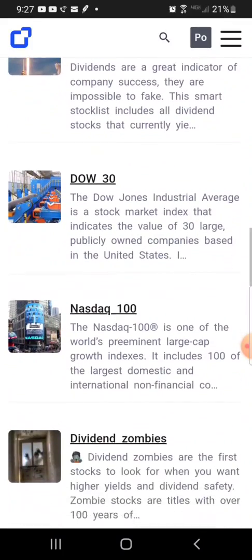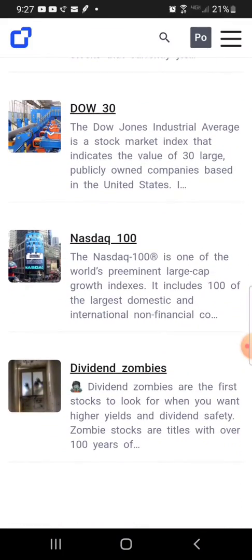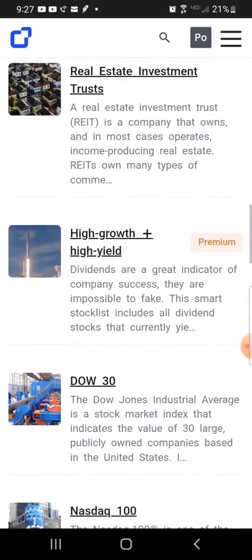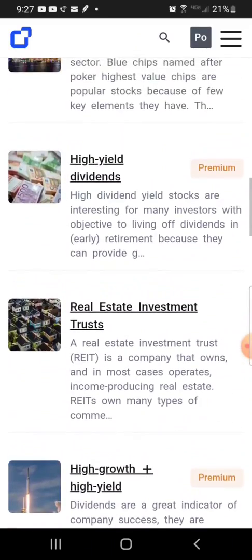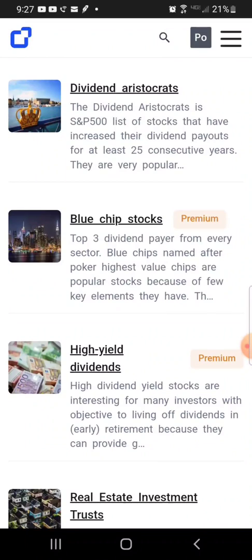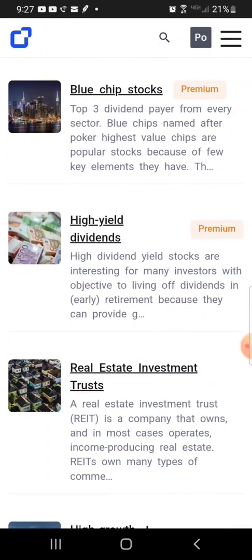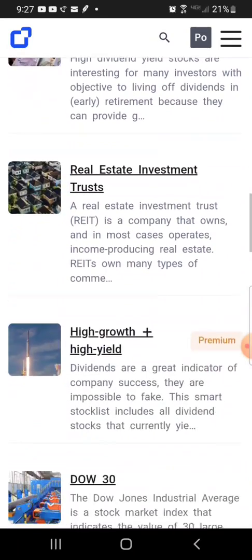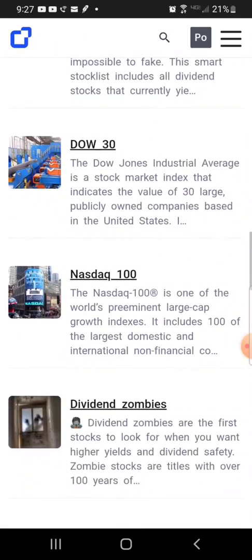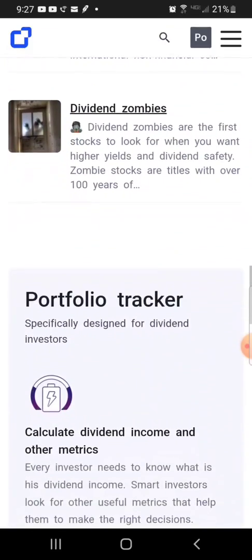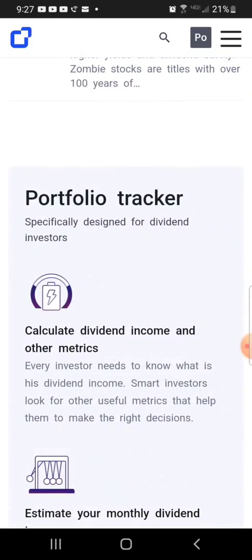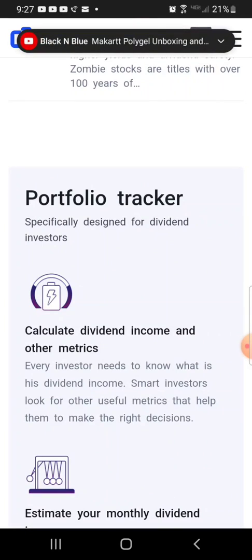Dow 30, NASDAQ 100, and Dividend Zombies are all free. But the premium membership lists are the best dividend stocks, the cream of the crop. You can sign up with them and you'll get access to that. I'm signed up with them, so I have access to it. And again, it's a portfolio tracker specifically designed for dividend investors.